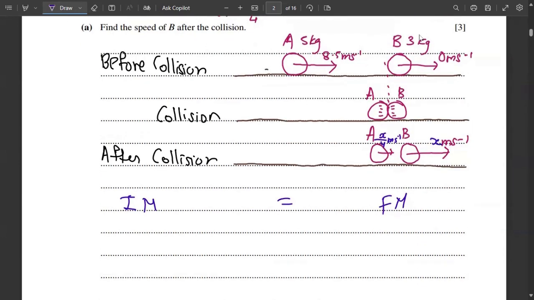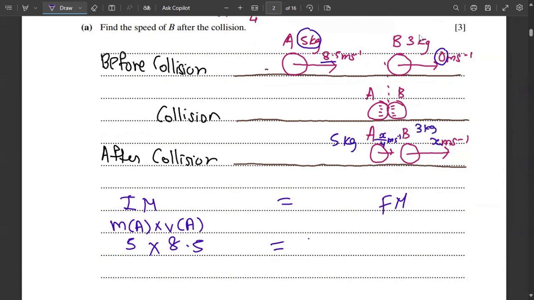So initial momentum will be the mass of A into velocity of A. So mass of A is 5, velocity of A is 8.5. B will have no momentum because velocity of B is 0 initially. So 5 into 8.5 is equal to, then collision occurs, mass of A is 5 kg, mass of B is 3 kg.